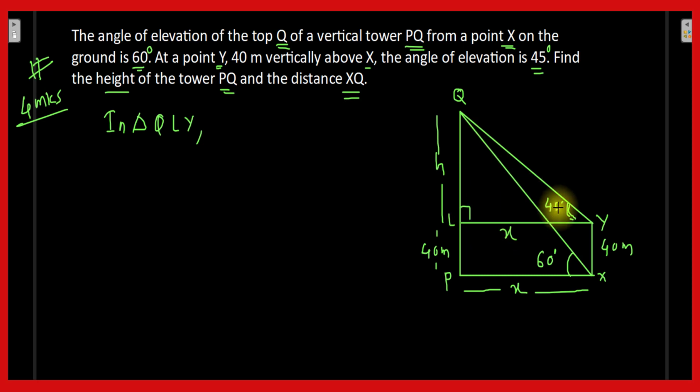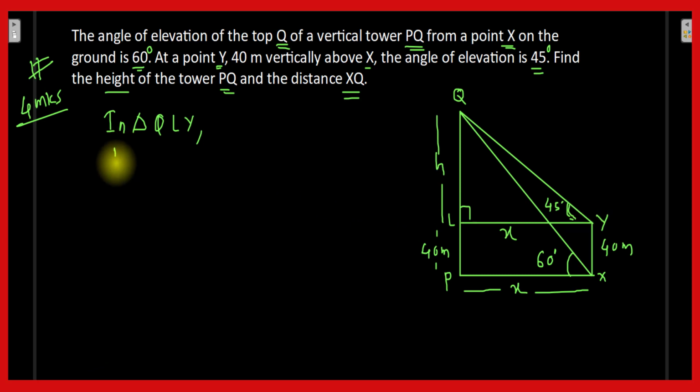This is 90 degree, this is 45 degree, so this remaining will also be 45 degree, and we know that the sides opposite to the equal base angles are also equal. Therefore if this is H, this will also be H, but we have to write this in a trigonometric way.